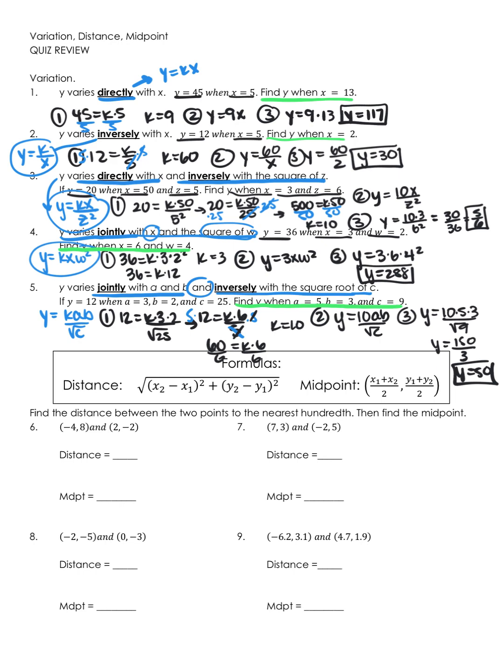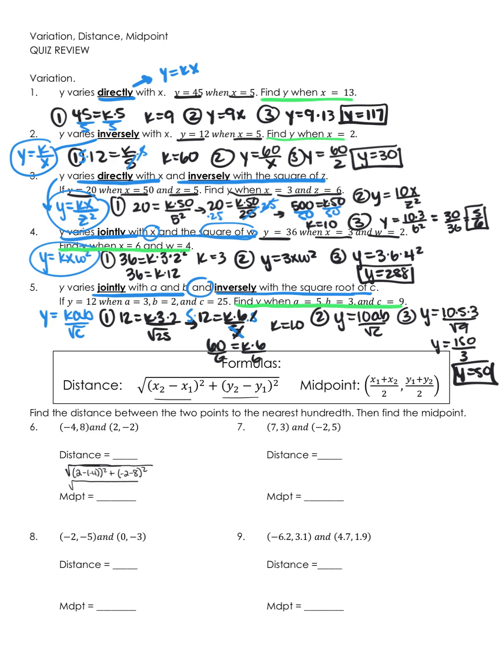So for this problem here, to find the distance, we will do the square root. We'll subtract our x values, so 2 minus a negative 4 squared. So that's this part, and then we'll do the y value subtracted: negative 2 minus 8 squared.